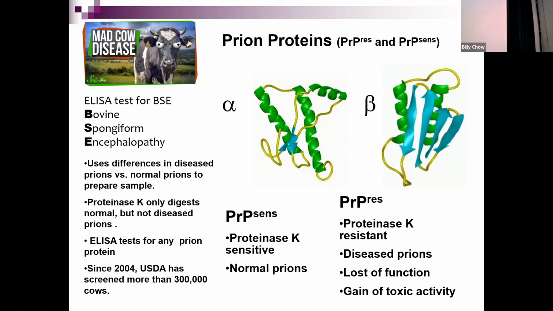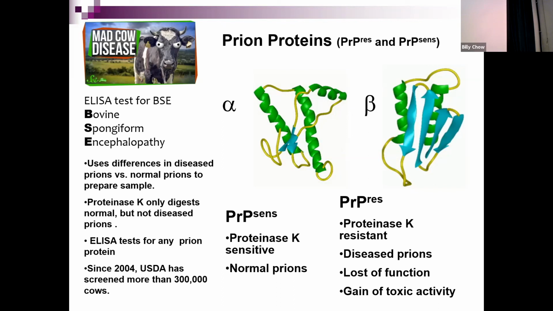And the easiest way, of course, is by ELISA. It is because this protein here, the alpha form, the normal prion protein, is proteinase K sensitive. So you can use proteinase K to digest this protein.